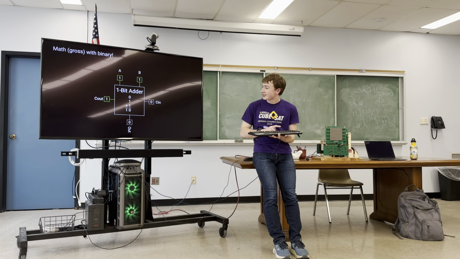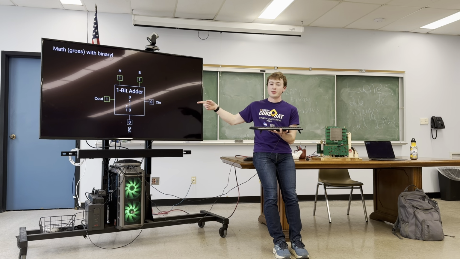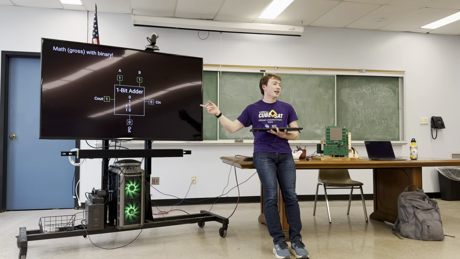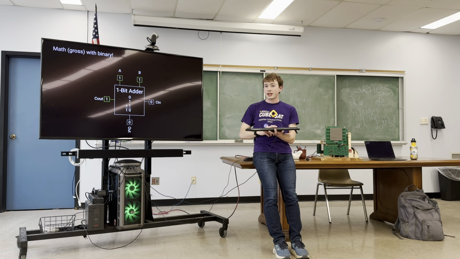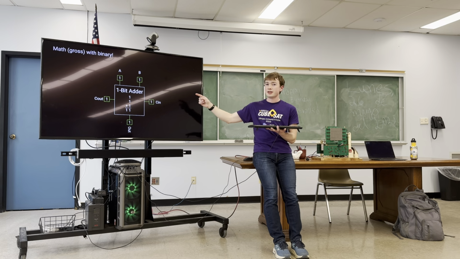Yeah, because 1 plus 1 is 2, but 2 can't be represented in a single binary digit. It's 10 in binary, which is 2 in decimal. And then if I add 1 more, that's 3. So the place values there are 2 and then 1, so the total number is 3. And the second place value gets carried over.